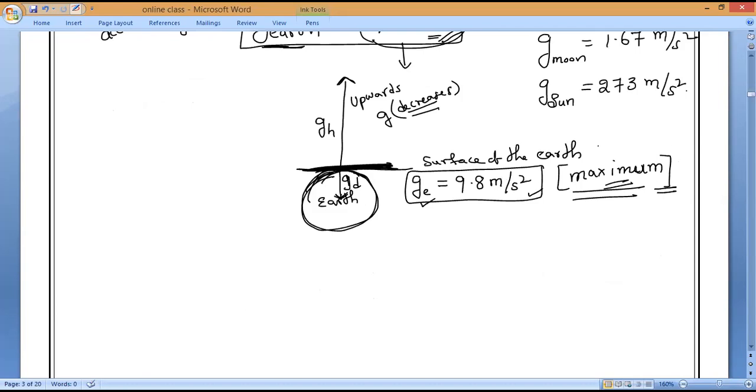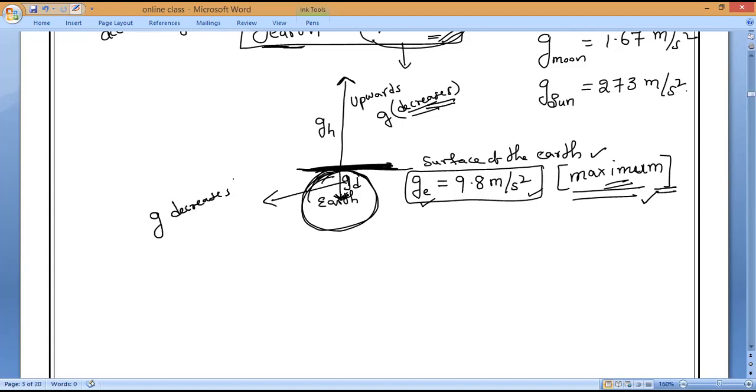Only on the surface it has maximum g value. Do you understand, Hari, what I am saying? Now, I am going above the ground. G value decreases or increases? Decreases. Same way, when I keep on going down, digging inside the earth, then also g value decreases.